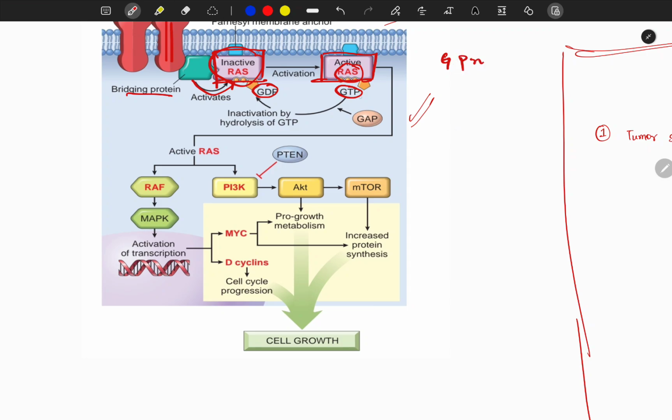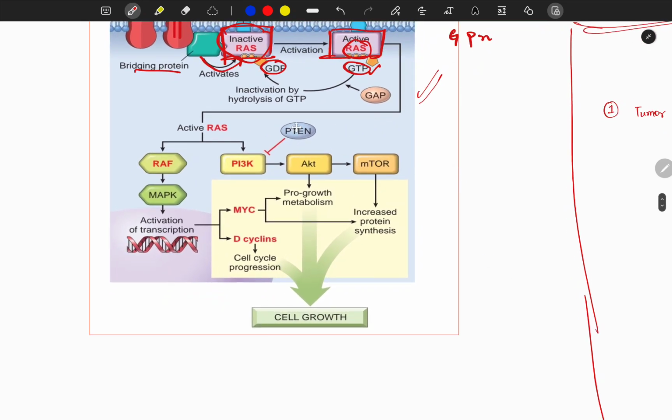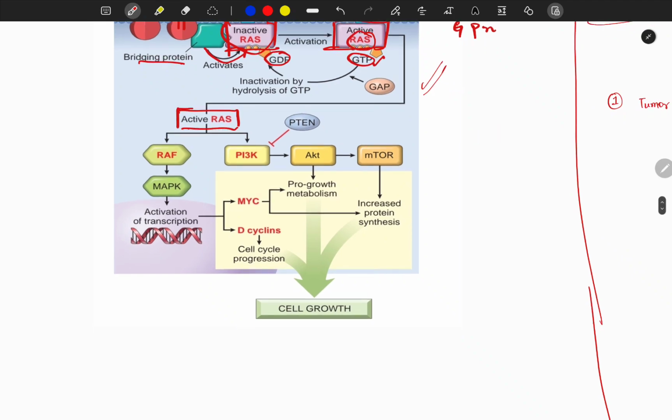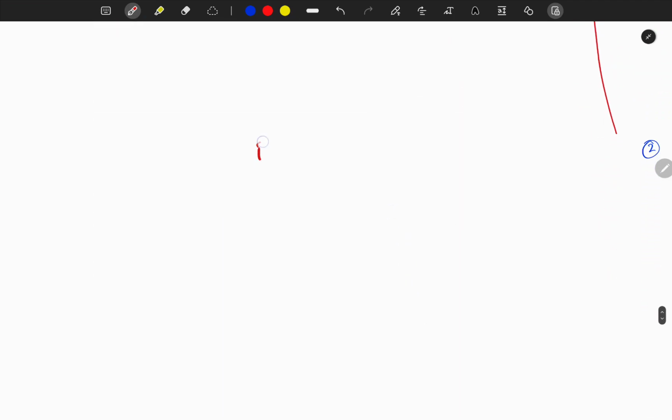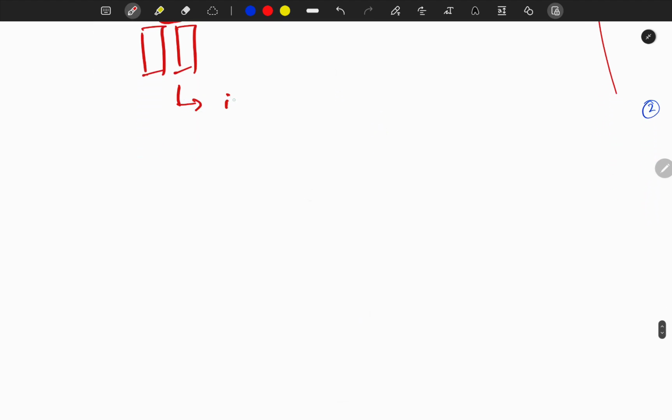GDP becomes GTP. Then downstream, what will the active RAS do? It's better if I draw it for you. This was your receptor and this is your growth factor. It causes inactive RAS to become an active RAS.